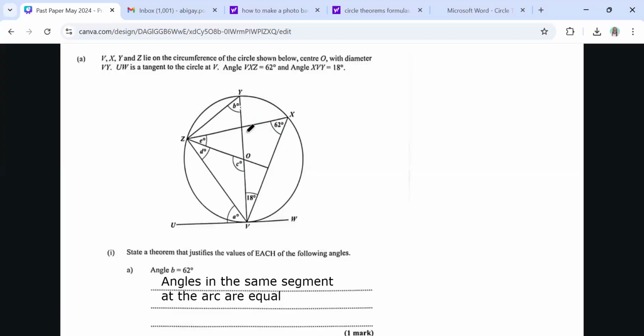If angle C is at the center, that means it is twice the angle at the circumference. So this is the angle at the circumference, which is 62.